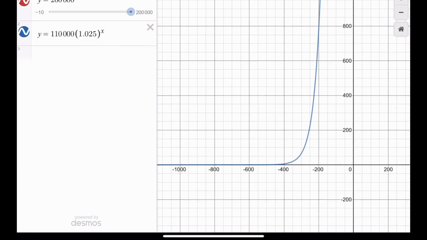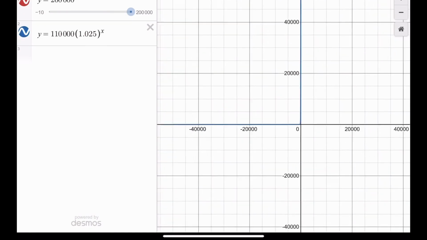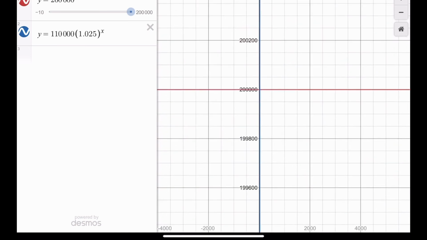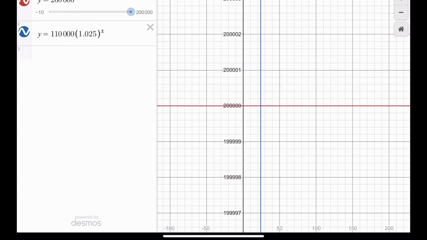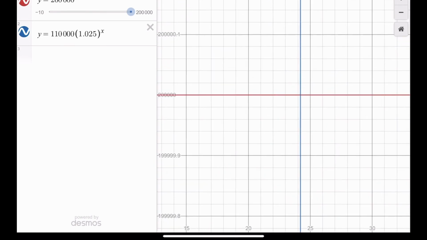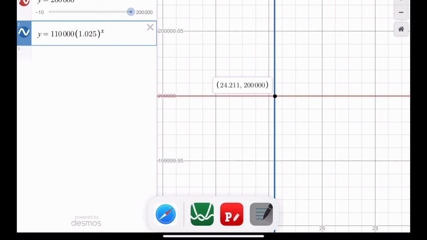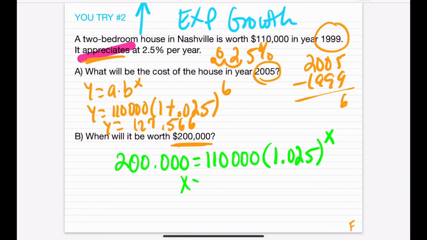So there's your exponential growth equation. Now let's look for the 200,000. The point of intersection is this right here. So it is approximately 24 years later. So I just round that to 24. So X equals 24 years later.